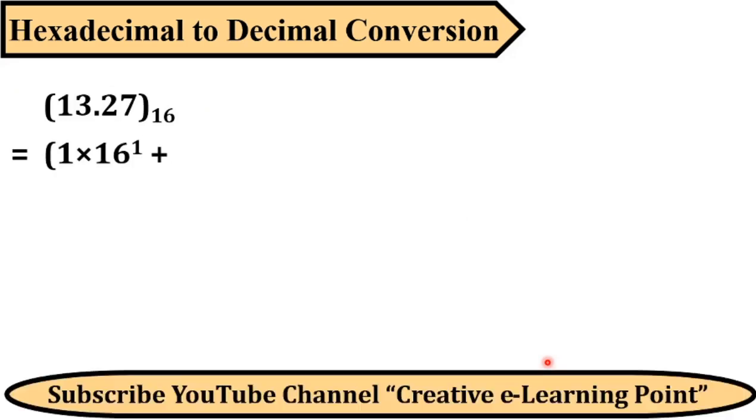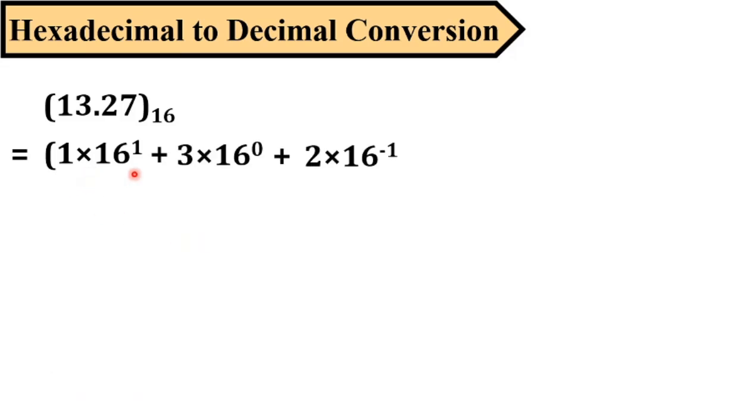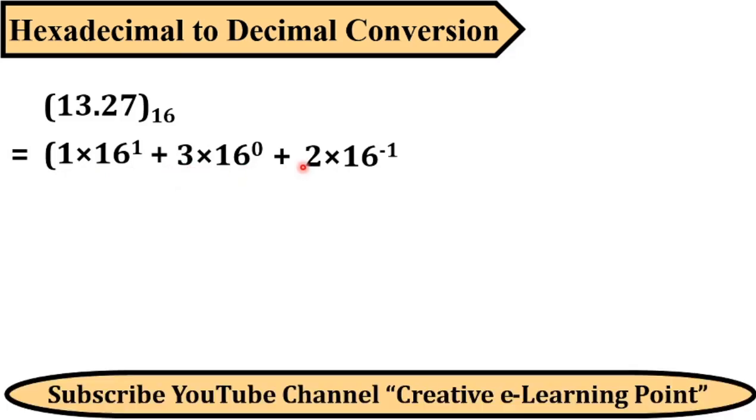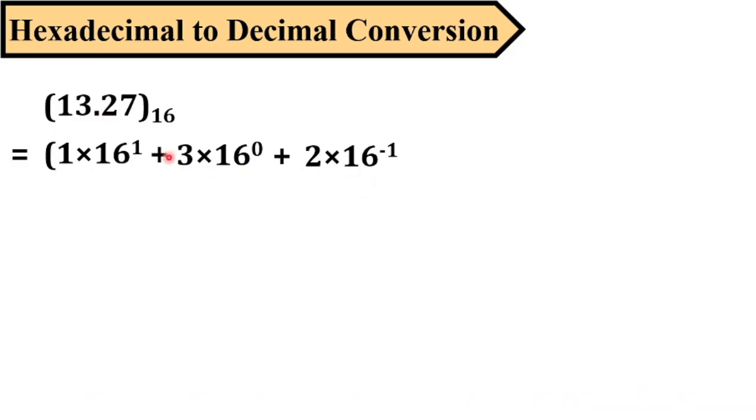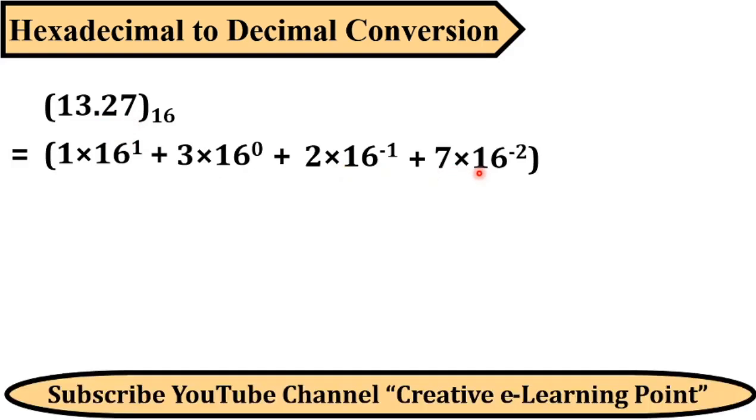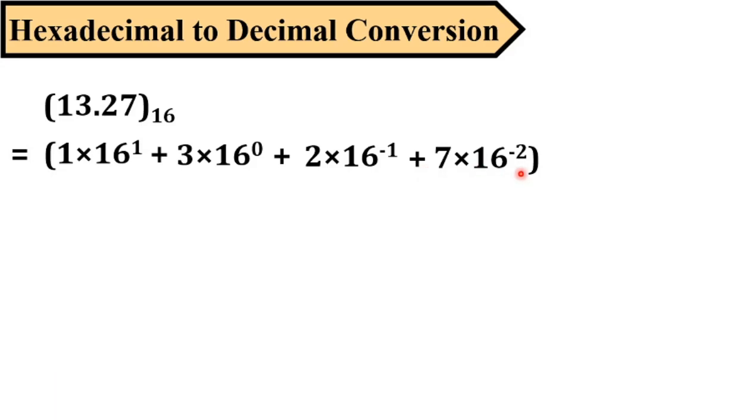Now let's take the integer and fraction together. So we will first find the integer part. I will write 1 into 16 raised to 1 plus 3 into 16 raised to 0 plus this 2 is multiplied by 16 raised to minus 1, because this is the fraction part, plus 7 into 16 raised to minus 2.